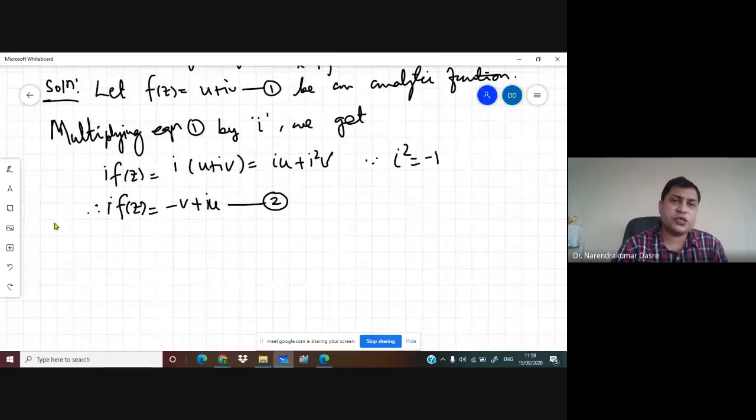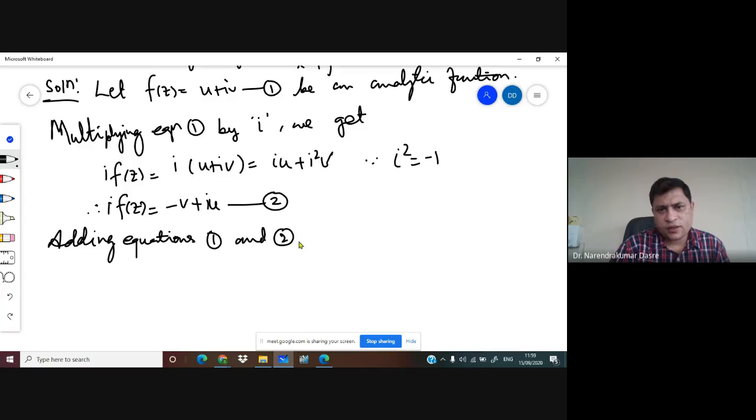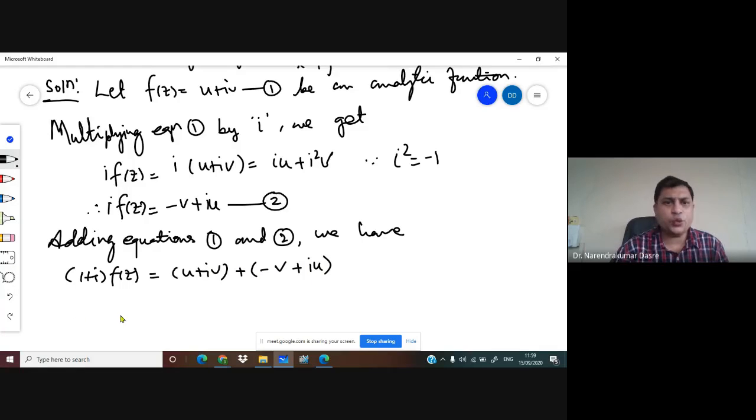Okay, so once we have equation 1 and equation 2, we add them. So adding equations 1 and 2, we have 1 plus i into f of z is equal to u plus iv plus minus v plus iu.